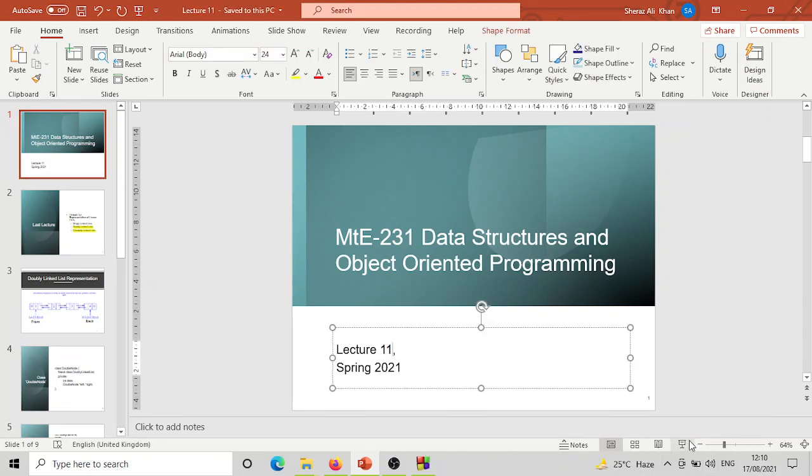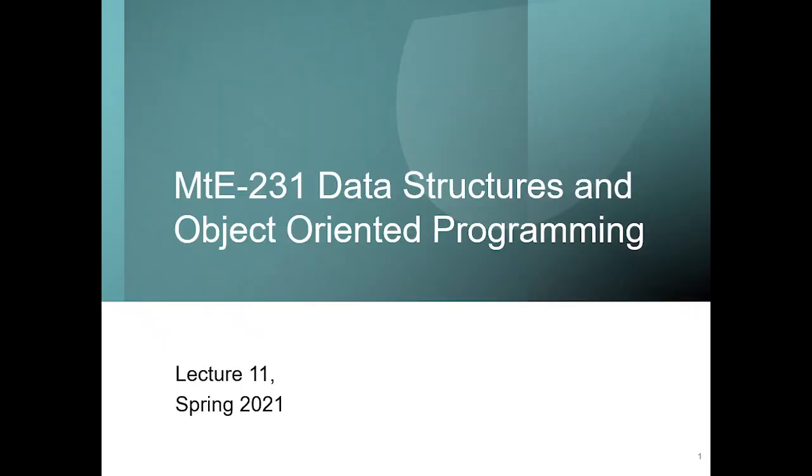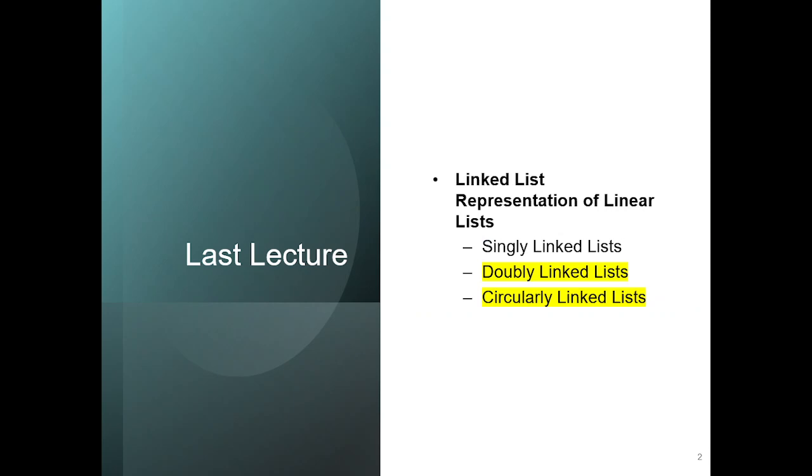Okay, so in our last lecture, we talked about the implementation of linear lists, and the way we implemented those linear lists was through a singly linked list. So we talked about what we mean by linked list, and what a singly linked list is.